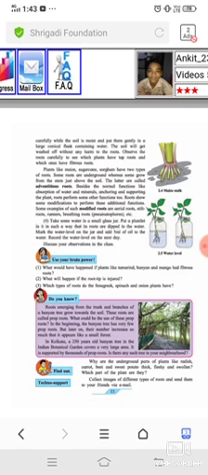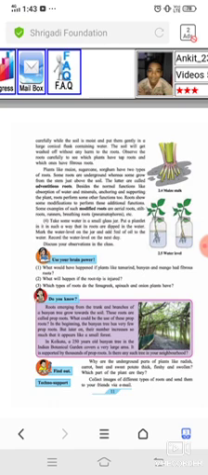Observe the roots carefully to see which plants have taproots and which ones have fibrous roots. Plants like maize and sorghum have two types of roots.